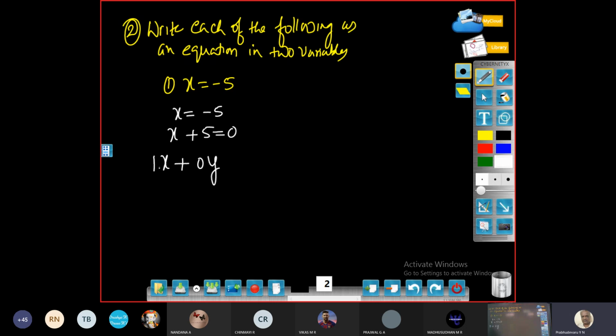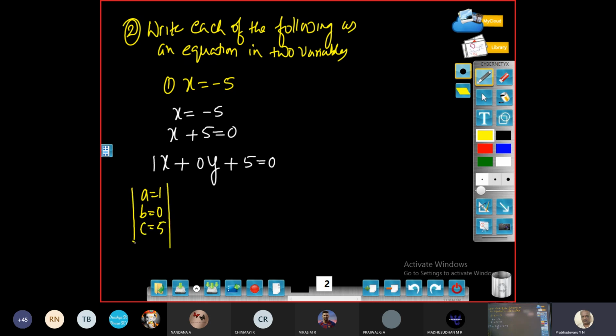Here 1 into x, 0 into y. Okay. 1 into x, 0 into y plus 5 is equal to 0. Is it clear? Yes, sir. So now if you say what is the value of a here, a is equal to 1, b is equal to 0, c is equal to 5.